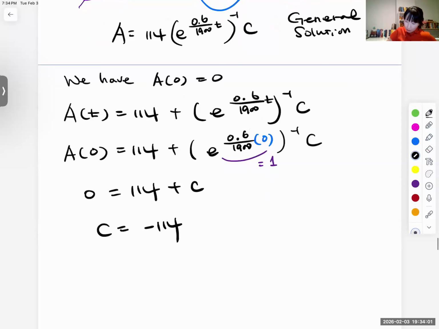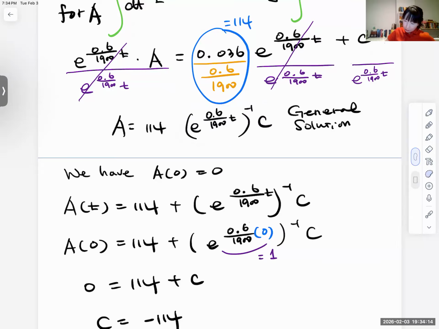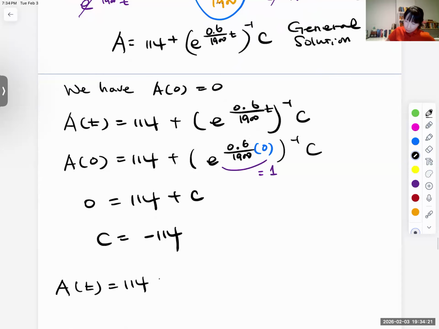We have a general solution A of T, which is 114. And here too, I have to make a plus. So plus e to the 0.6 over 1900t to the -1 c, which is -114, right?